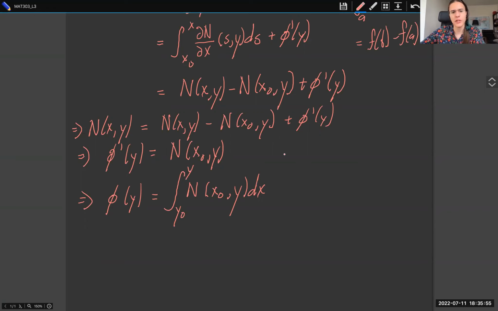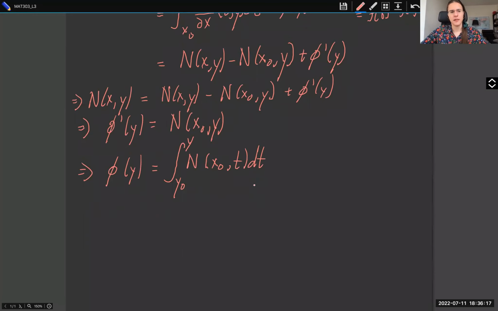Y is the upper bound. And just to make this clearer, this isn't with respect to x. Let's keep the variable t here and dt. And then, since we've sort of fixed y, at this point, a constant comes in. Although we're actually not going to care about that constant.